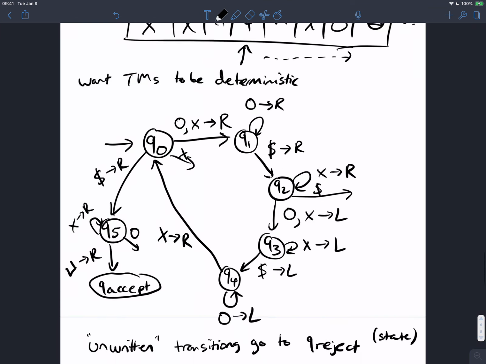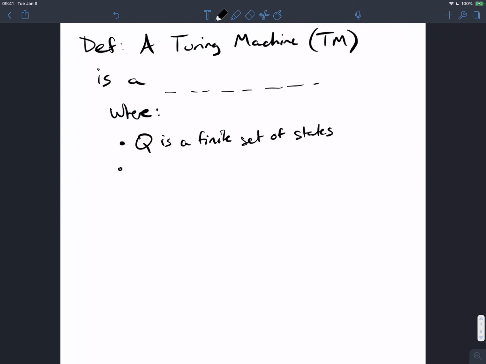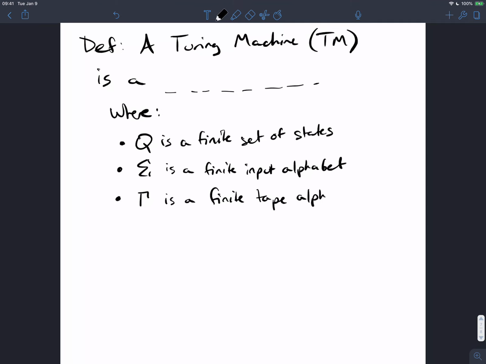So sigma is a finite input alphabet. And for the tape, gamma is a finite tape alphabet.